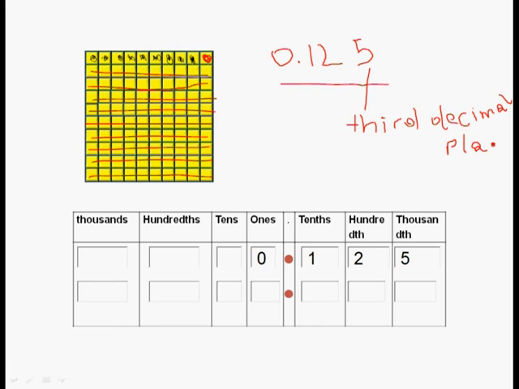Good. And that would be what? Thousandth. Good. And then the second decimal place will be what? Hundredth. And then the first decimal place will be tenths. Am I making sense to you? Sincerely hope so. Okay, let's continue with the rest of the lesson.